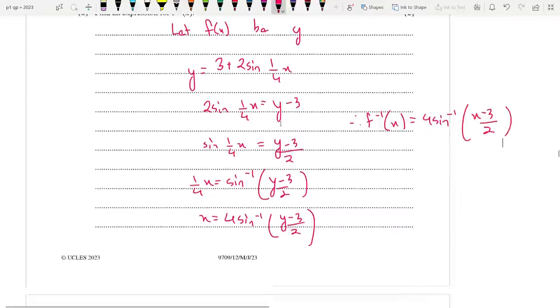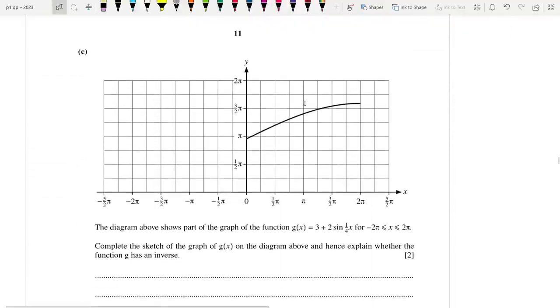Okay, answer. Now, the diagram above shows part of the graph of the function g x. Complete the sketch of g x on diagram above and hence explain whether the function g has an inverse.